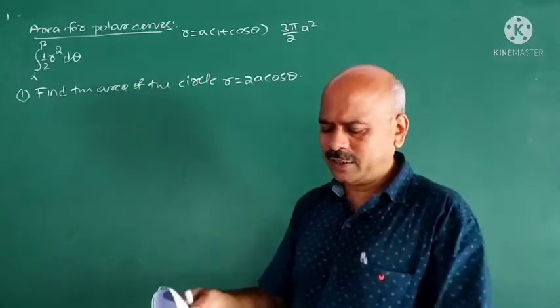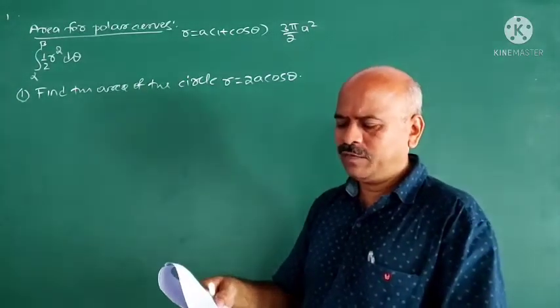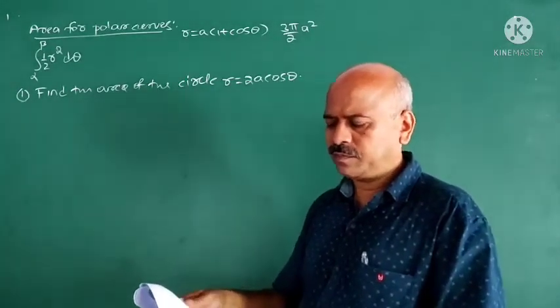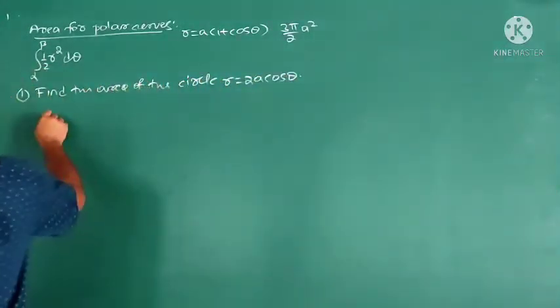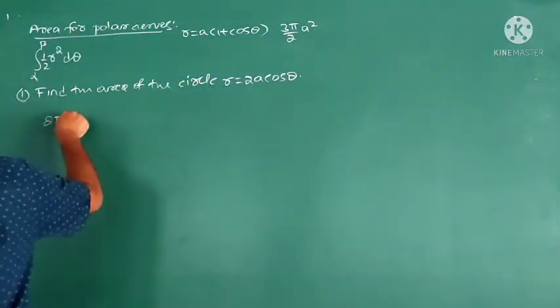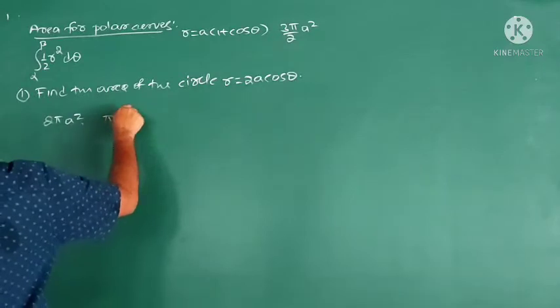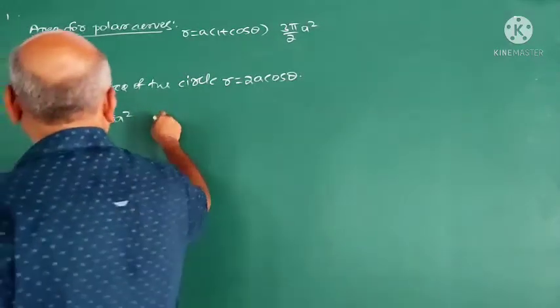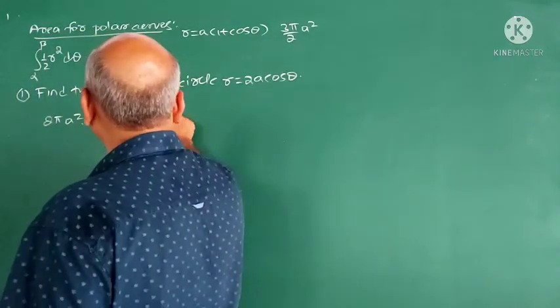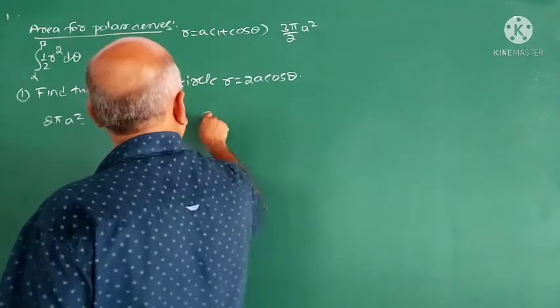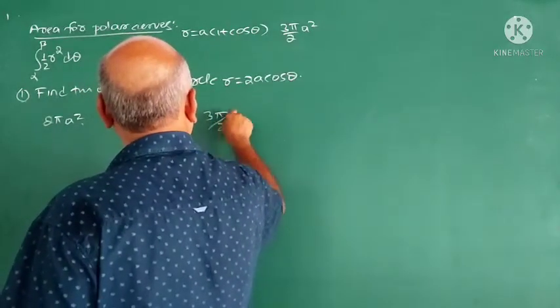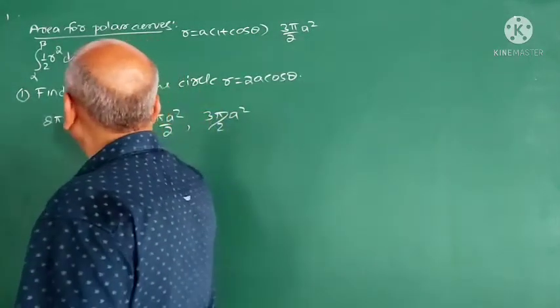Say I give the choices here. First is 2 pi a square, second pi a square, third one pi a square upon 2, and 3 pi by 2 a square.